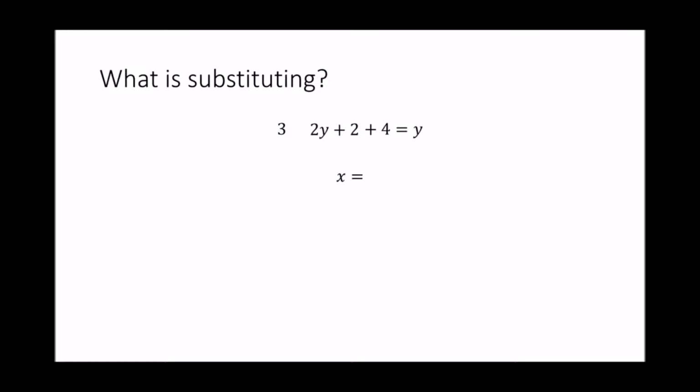Again, we have to put the times back, and because it was 3 times x, it has to be 3 times 2y plus 2, the entire thing. So we have to put brackets there as well. This is essentially what is meant by substituting. And by properly substituting, you always end up with one variable less than you had before.